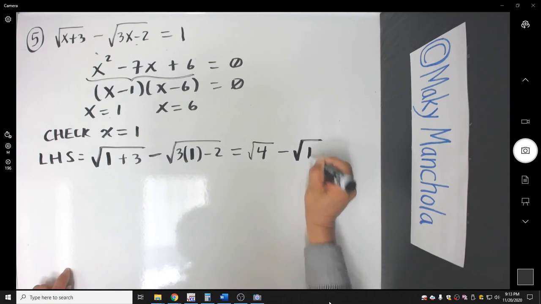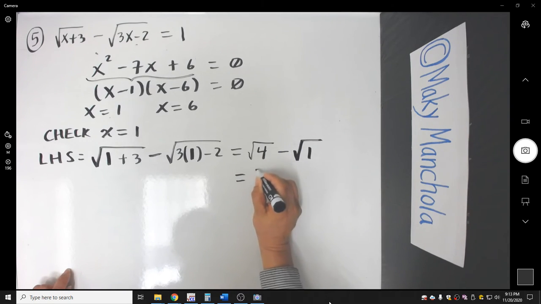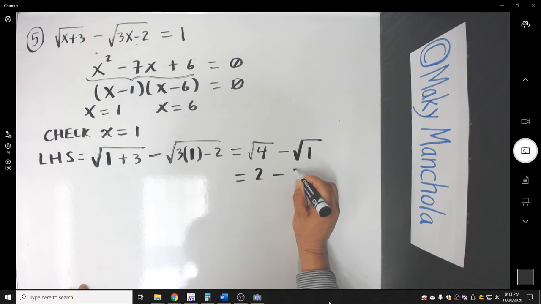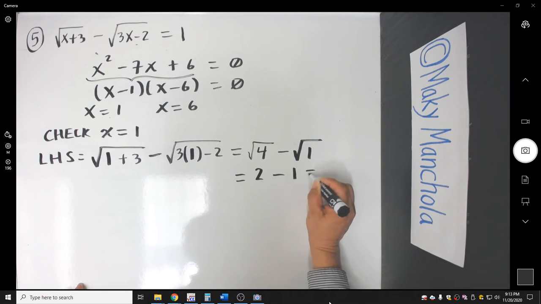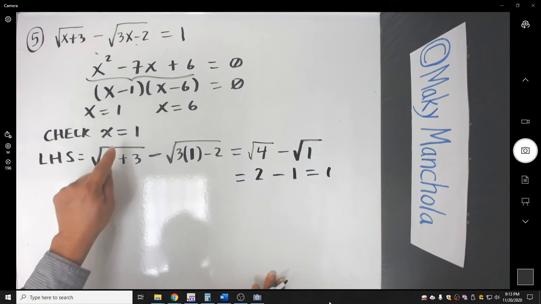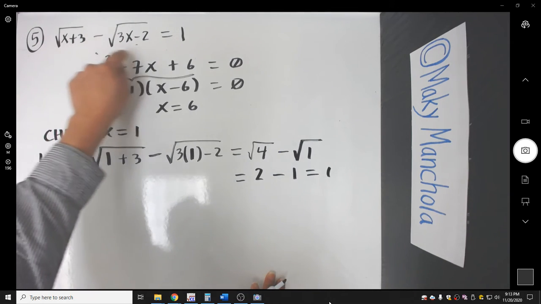So the square root of 1. The square root of 4 is 2, minus the square root of 1 is 1. The result is 1.